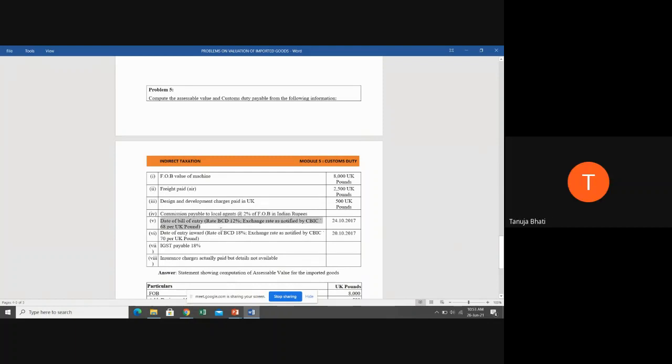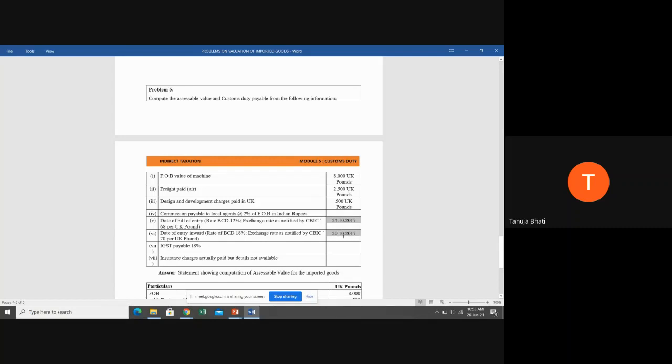Very good. Now, date of bill of entry, the rate is 12% and exchange rate as notified by CBEC is 68 per UK pound. And here, date of entry inward, the rate is 18%, exchange rate notified by CBIC is 70 per UK pound. Now, which rate and which exchange rate do I need to consider?